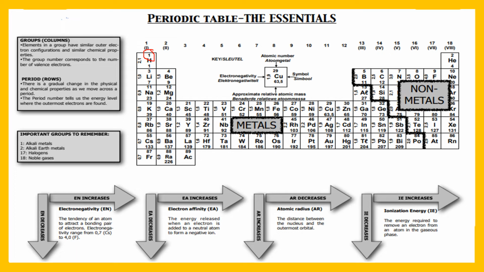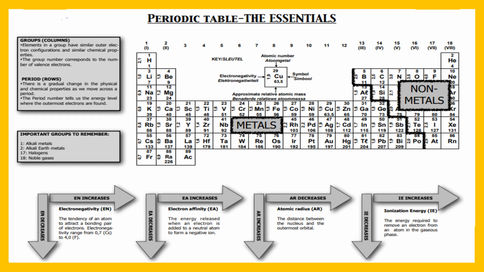If I say fluorine is in group number 7, I know that the valence electrons of fluorine is 7. Periods or rows: there is a gradual change in physical and chemical properties as we move across a period. The period number tells us the energy level where the outermost electrons are found.